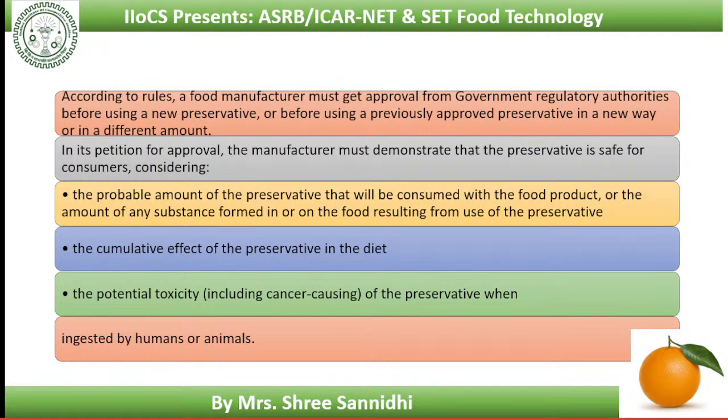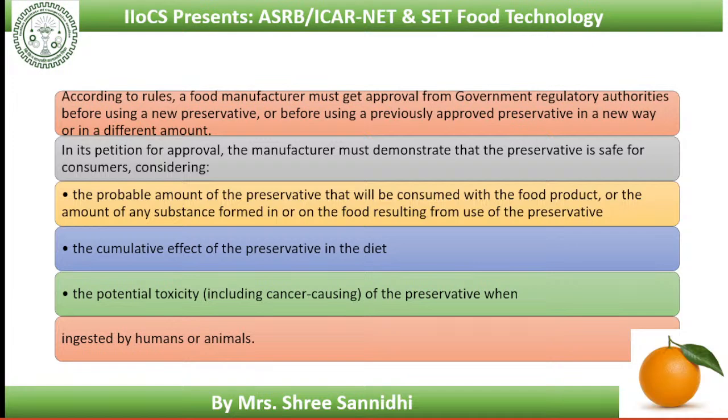So, the points to be considered before approving a chemical preservative are the probable amount of the preservative that will be consumed with the food product, or the amount of any substance formed in or on the food resulting from the use of the food preservative.